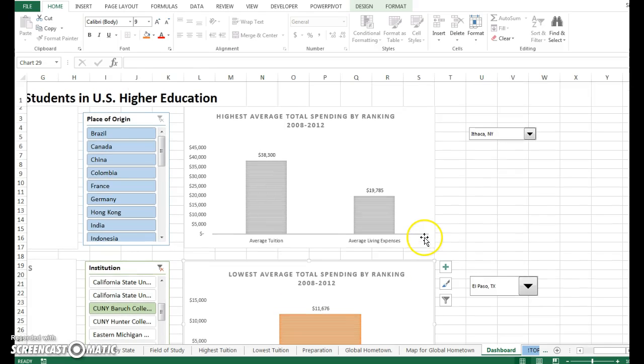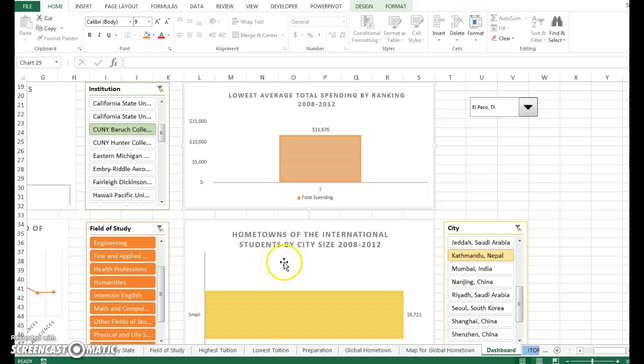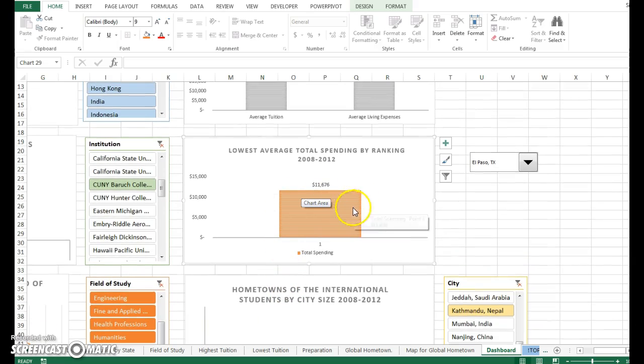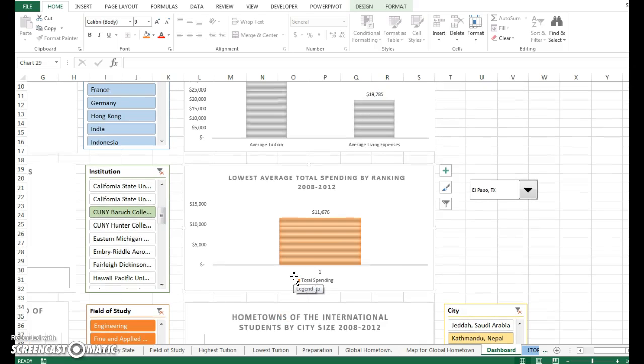When you look at those 2 charts, you can see that the highest tuition in Ithaca is about 3 times higher than the total spending in El Paso, which is the lowest average total spending city among top 10 metropolitan areas in America. Therefore, I think that this fact can give other international students some suggestions when they consider where to study.